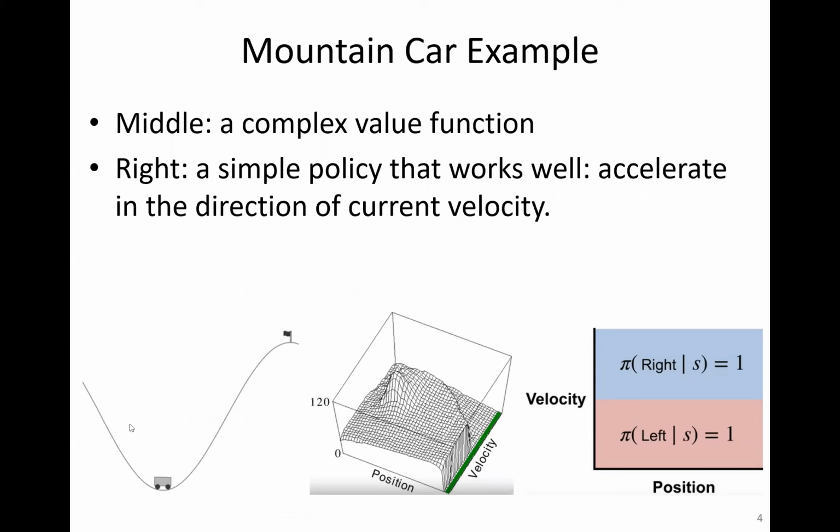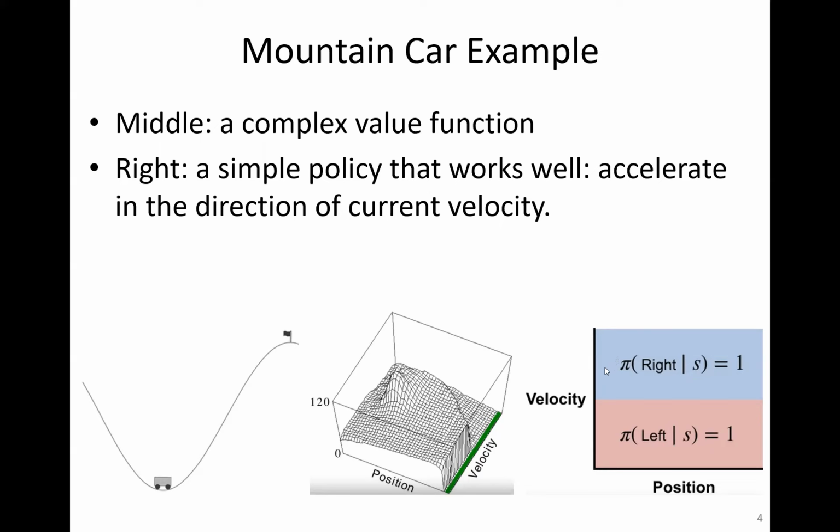So here's the mountain car example. For the value function, position and velocity are the two elements in a state. It's quite complex, it's not smooth at all. But a simple policy that works well is to accelerate in the direction of current velocity.